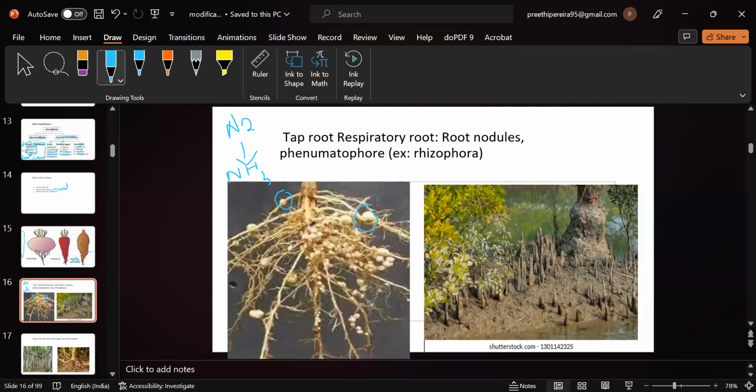And give it to the plant. Plant क्या देगा? Plant देगा उनको रहने के लिए जगह, root nodules as well as food. Okay, so उसको क्या बोलते हैं? This kind of association is known as symbiotic association. So root nodules is a breathing root. Second kind of root is nematophores. ये nematophores है क्या?